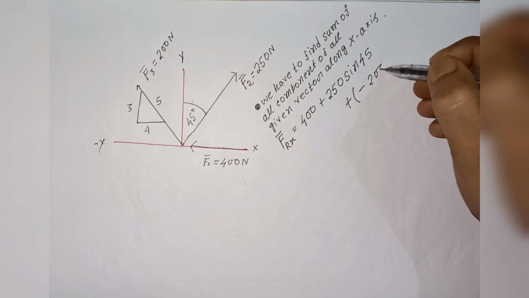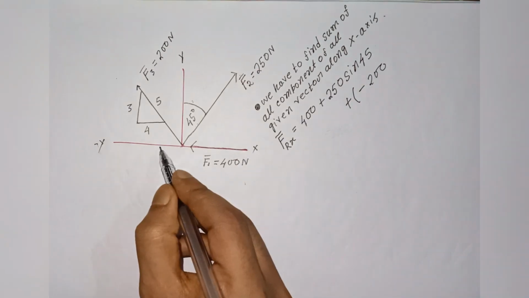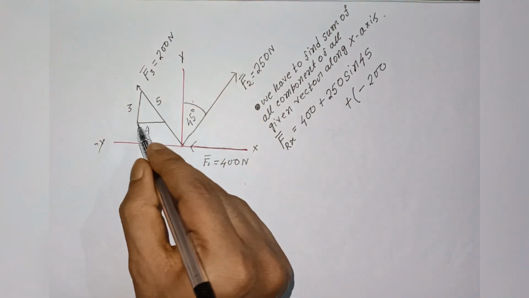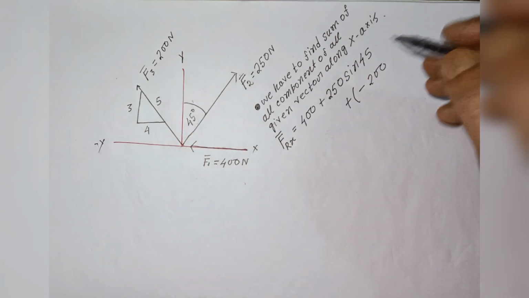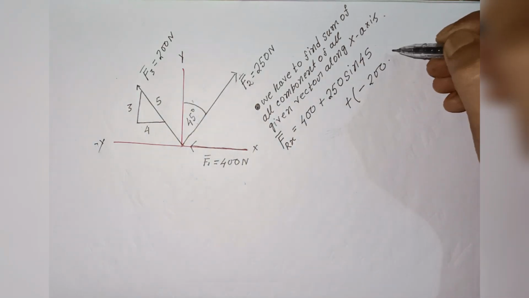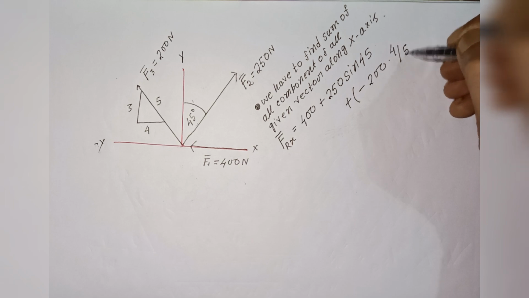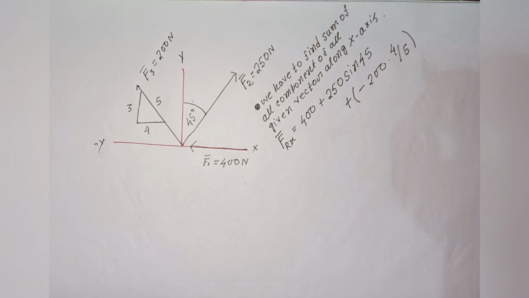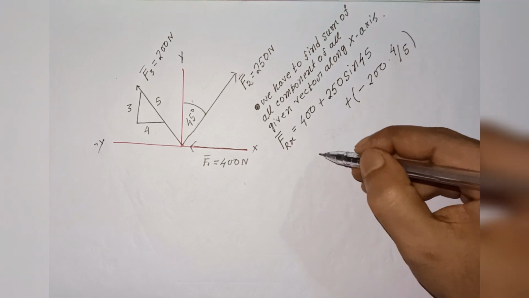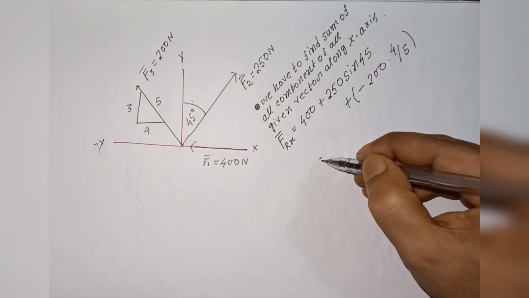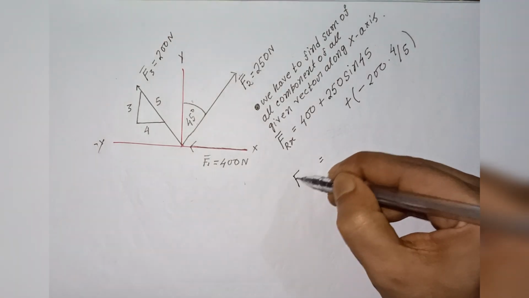F3 is 200 Newton on a little triangle. To find its component, we take base by hypotenuse. Base is 4, hypotenuse is 5. Then the F3 component is 200 into 4 by 5.